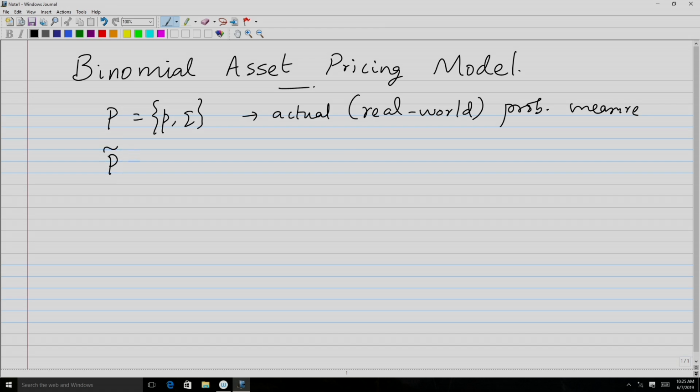The other one, which helped us express the price of derivatives in a neat form, is the probability measure p tilde, which we call the risk neutral probability measure. And you also know where the word risk neutral came from and what it means.